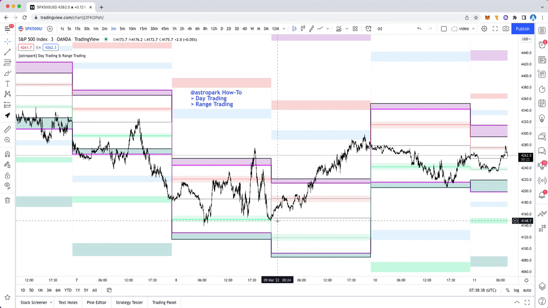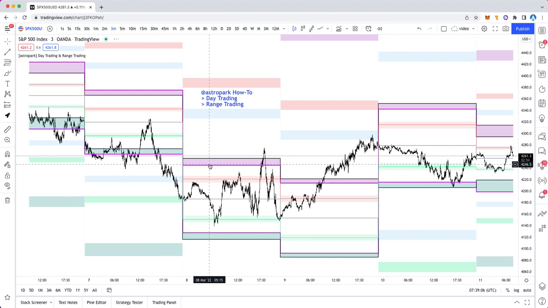So which range of prices you're supposed to buy and sell, because everyone knows that you have to buy low and sell high, but where is the top and where's the bottom? This is really a very difficult question, and I'm trying to address these issues with exactly this indicator.